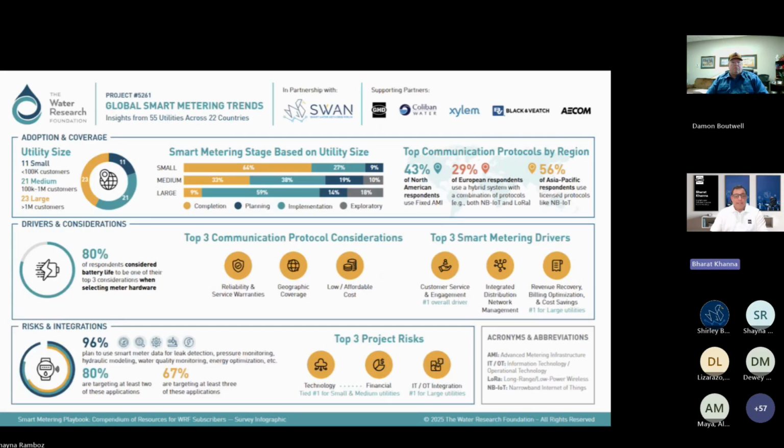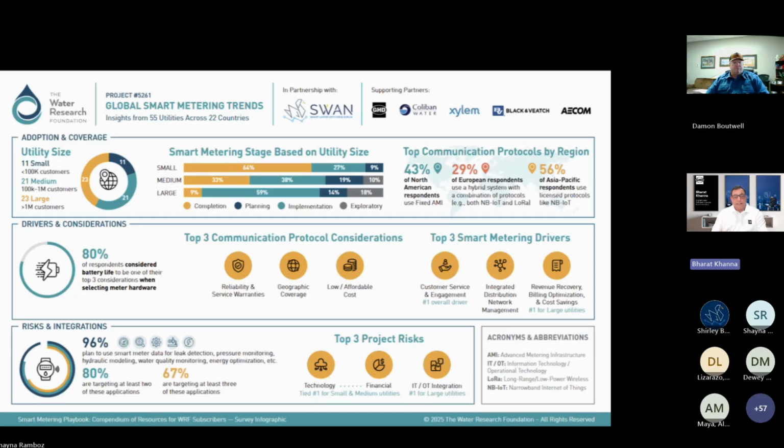Few other interesting things. If you look at the top left graphic, it shows the size of the utility. We wanted to make sure that this report is not skewed or covering only a particular size of water utility. So we have covered broadly three ranges: smaller ones, less than 100,000 customers, and then medium and large. The large one was more than 1 million customers, predominantly in Southeast Asia, where you have a huge population and that kind of subscriber base.